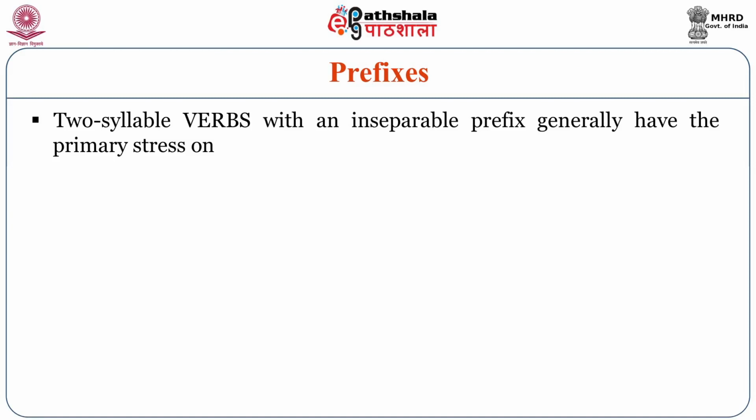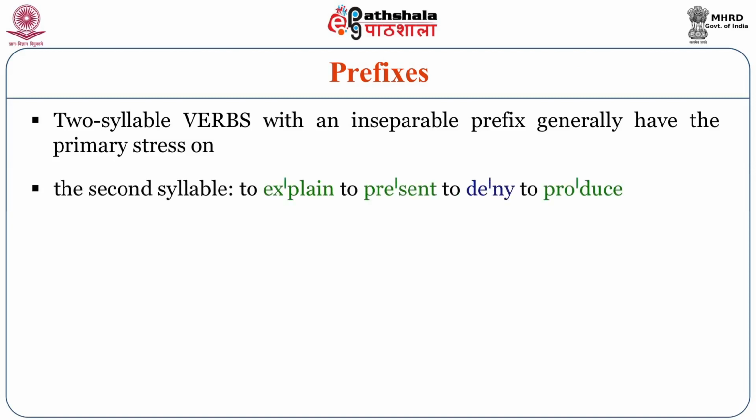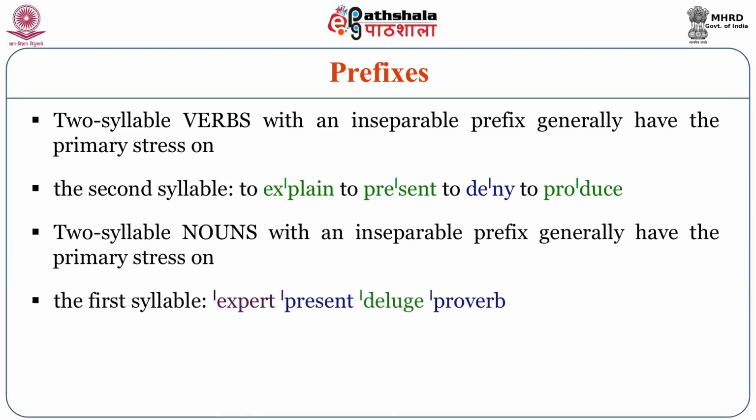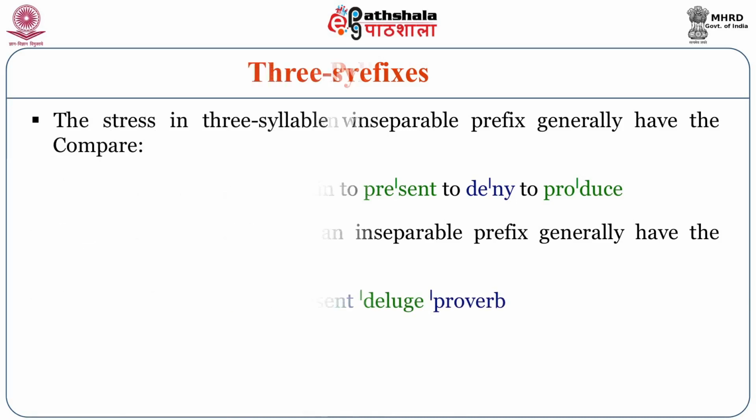Two-syllable verbs with an inseparable prefix generally have the primary stress on the second syllable: to explain, to present, to deny, to produce. Two-syllable nouns with an inseparable prefix generally have the primary stress on the first syllable, like expert, present, proverb.